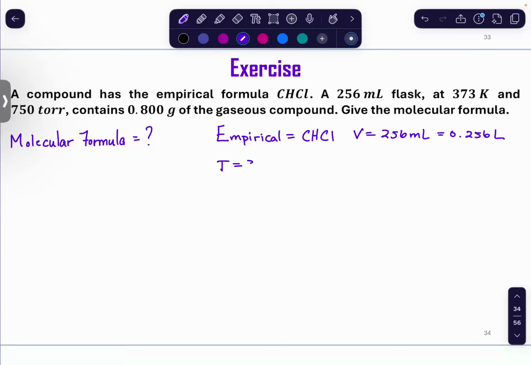Temperature, 373 Kelvin. Pressure, 750 torr. We'll have to change that because we need atmospheres for the ideal gas constant. Our mass that we're going to be working with is 0.800 grams. Carbon, grams per mole.